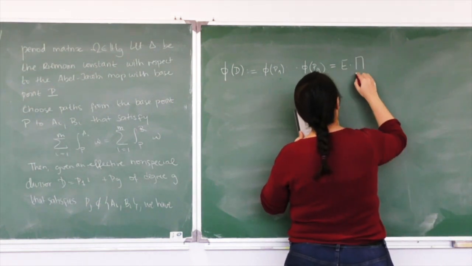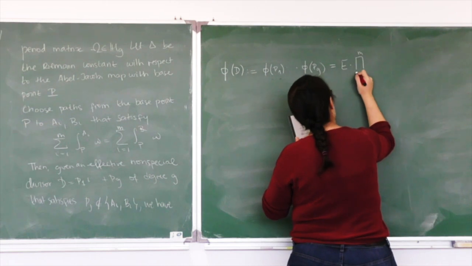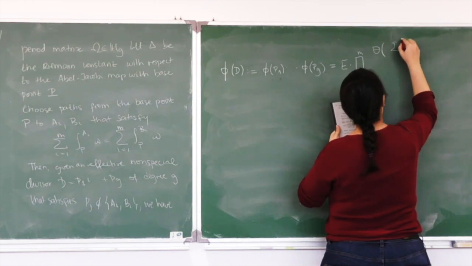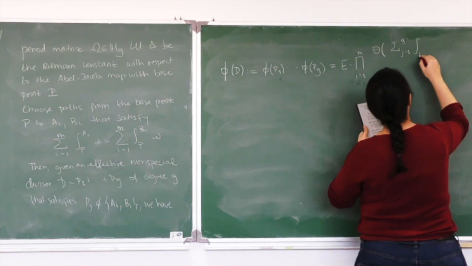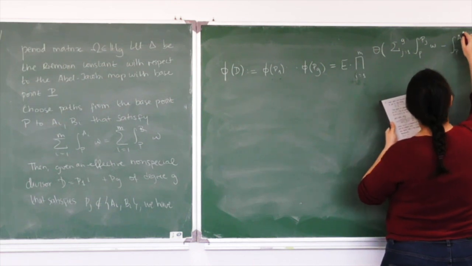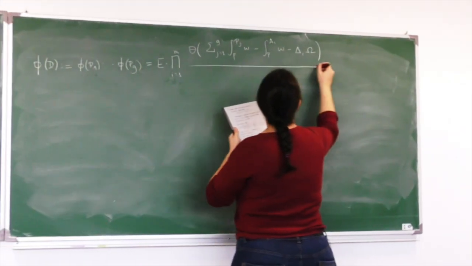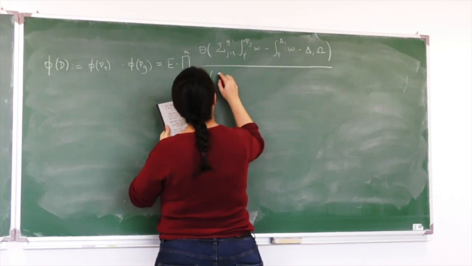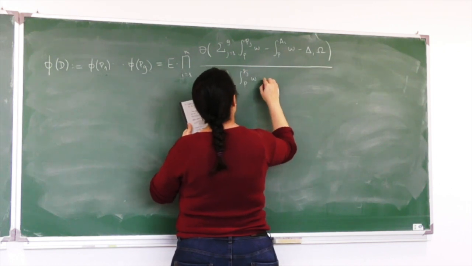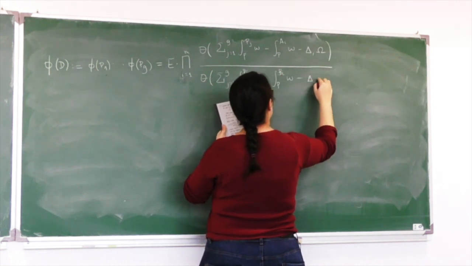times the product for i from 1 up to m, theta of the sum for j equal 1 up to g of the integral from P to P_j of omega minus the integral from P to A_i of omega minus the Riemann constant, divided by the same with the sum for j equal 1 to g of the integral from P to P_j of omega minus the integral from P to B_i of omega minus delta.